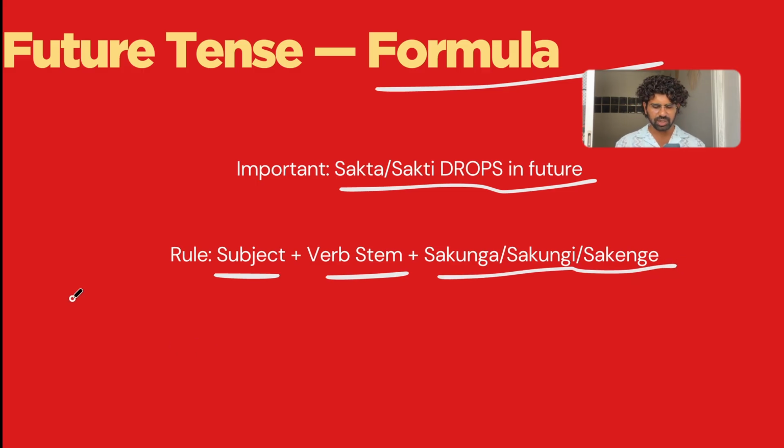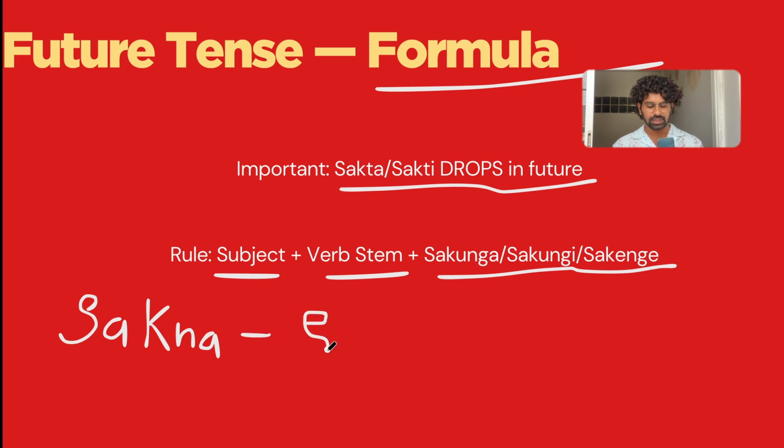So sakta, right? Remember this. So you had sakna, okay? Now what has happened in here is that if this is sakna, for the future tense, we have converted it into sak plus will.